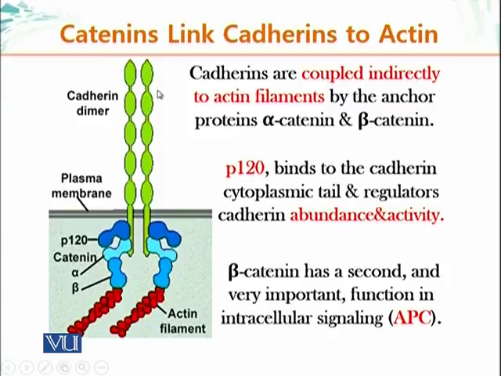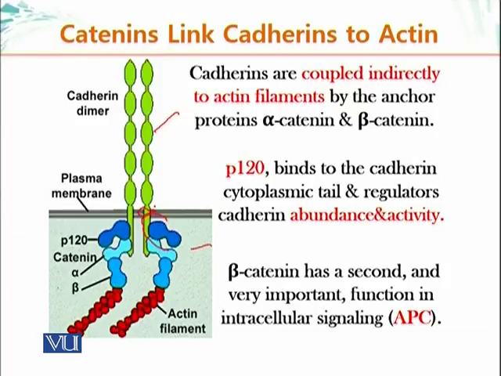This cadherin dimer, as we have already seen, has three different domains. For our current purpose, the cytoplasmic domain is the one we will be most interested in. Here, two of these cadherin molecules are coming together within the same cell. This is the extracellular part, this is the intracellular part, and this is the transmembrane part of the cadherin molecule.